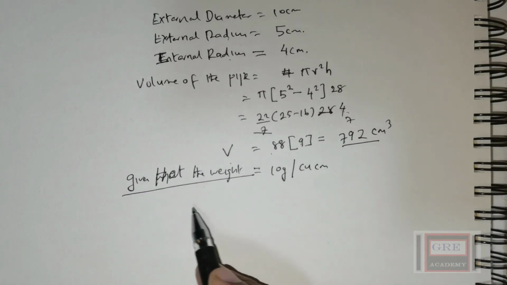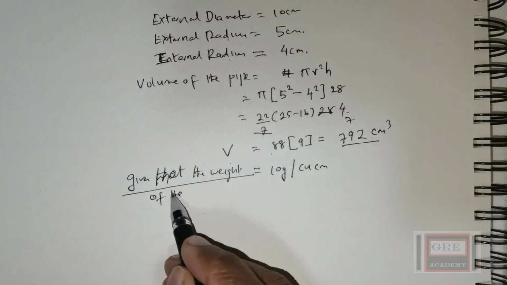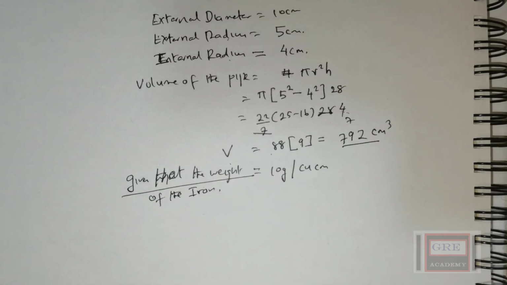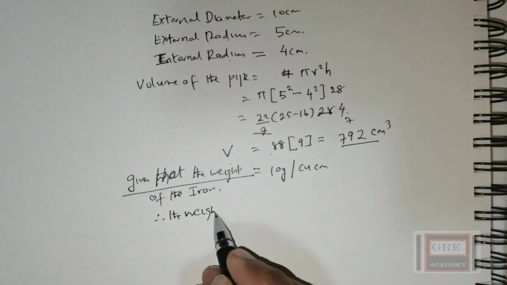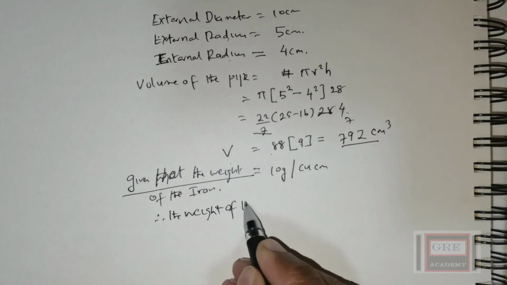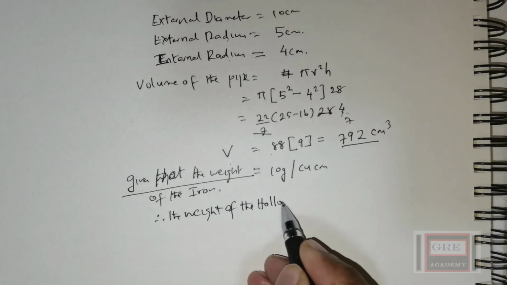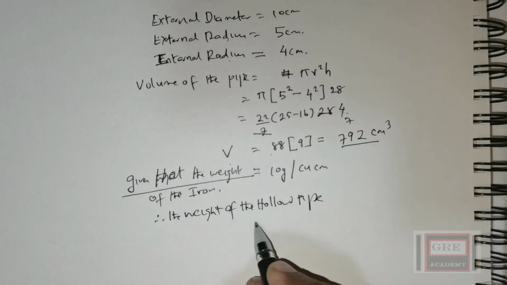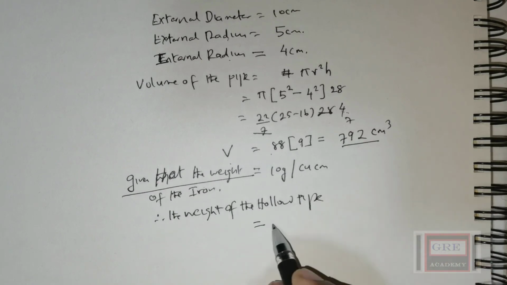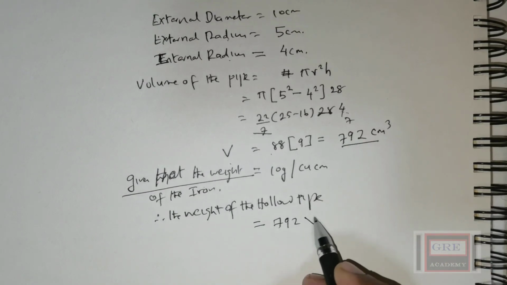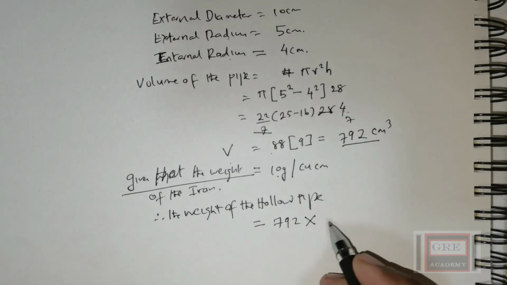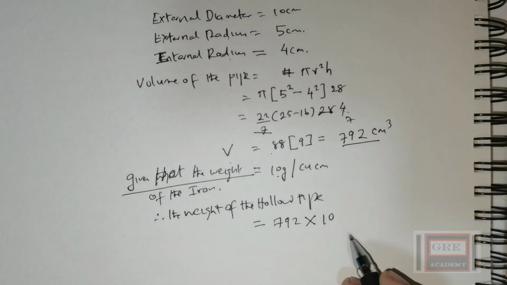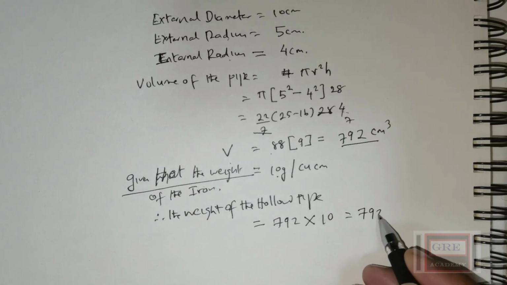This is the weight of the iron. Right? So now we are expected to find the weight of the hollow pipe or hollow tube, whatever it is. The weight of the hollow pipe is going to be equal to the volume that we got, 792, multiplied by 10 gram per cubic cm. So that would give us 7920.